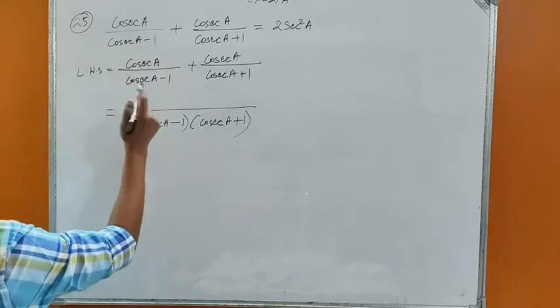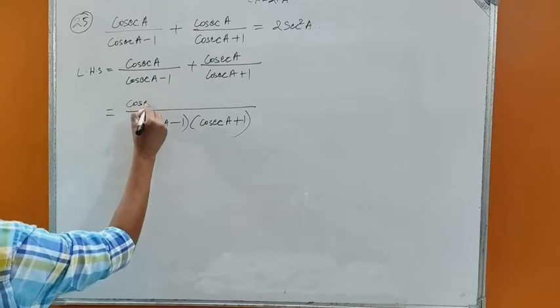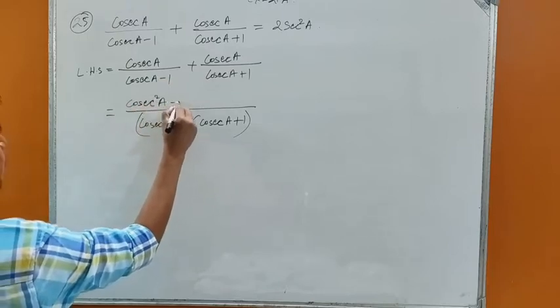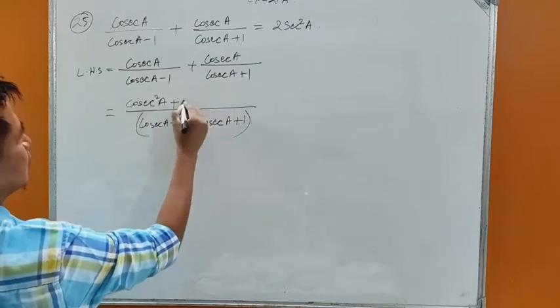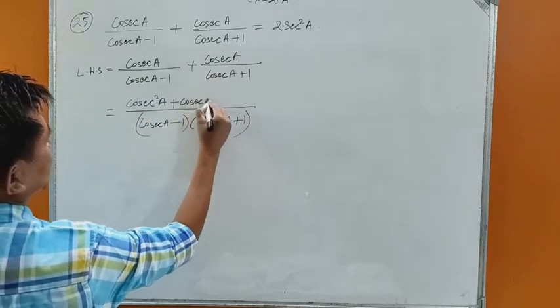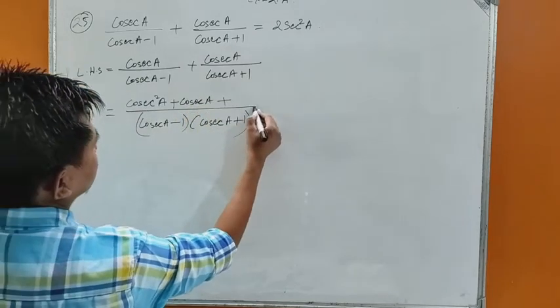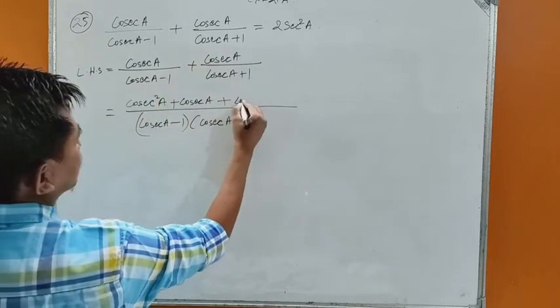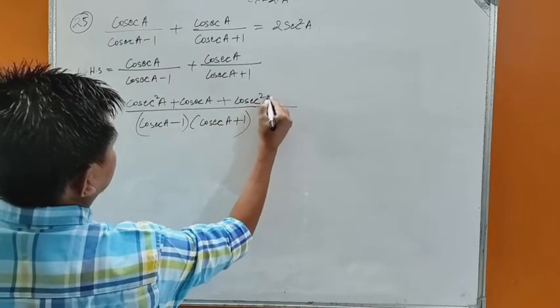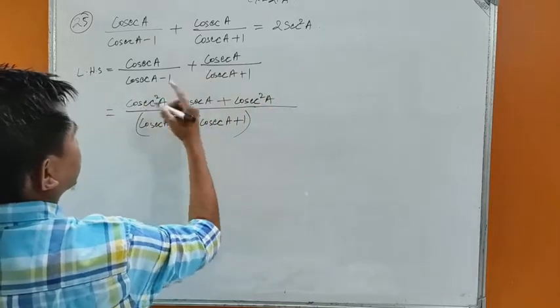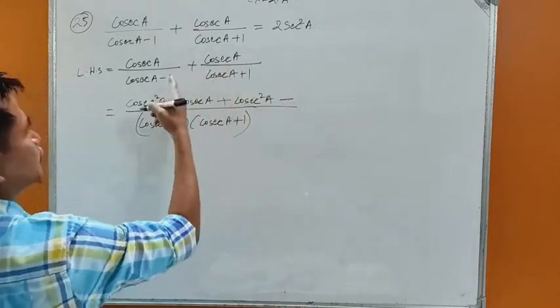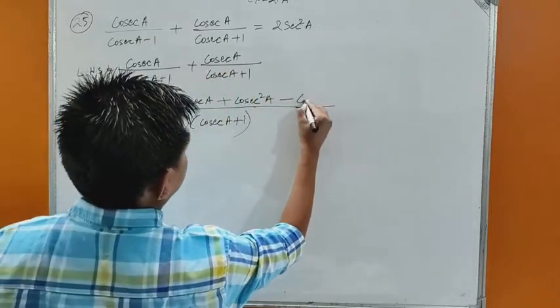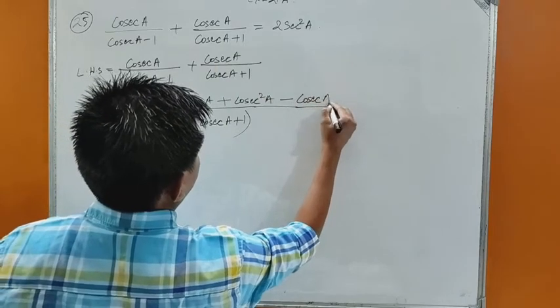Now let's multiply this. Cosec A into cosec A, cosec square A, plus cosec A into 1, cosec A, isn't it? Plus, let's multiply this: cosec A into cosec A, cosec square A, minus cosec A into 1, cosec A, isn't it?